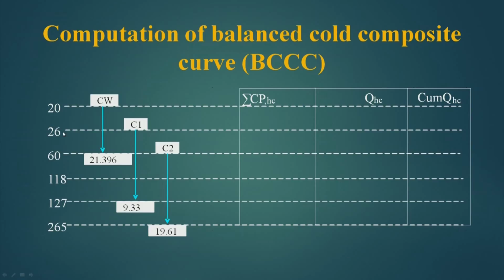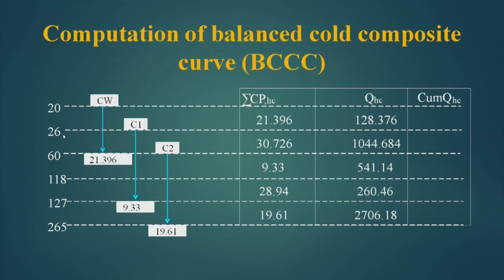Now, in this temperature range 26 to 20, only cold water is working and its MCP value is 21.396. So, here we will have 21.396. Similarly, in this temperature range 60 to 26, two cold streams are working, the cold water and C1. The summation of their Cp values is 21.396 plus 9.33, which comes out to be 30.726. Similarly, we have filled this up.